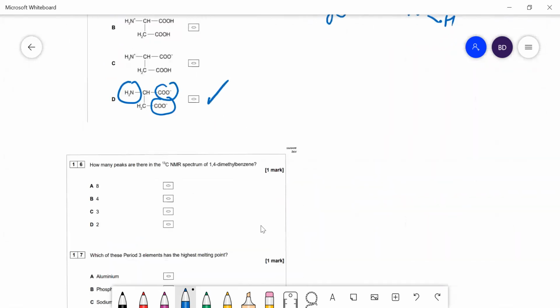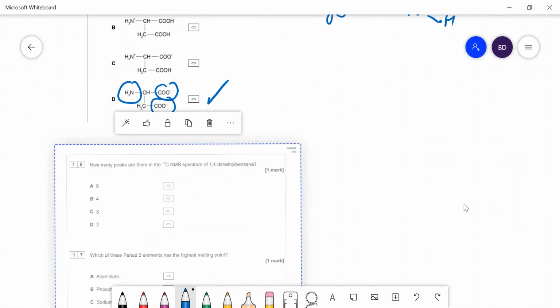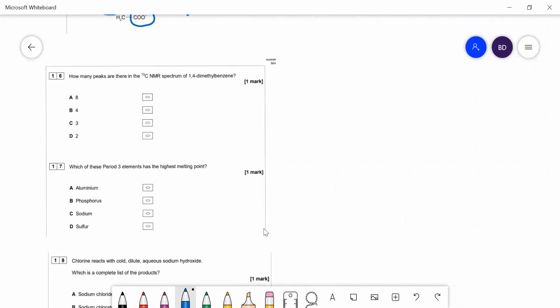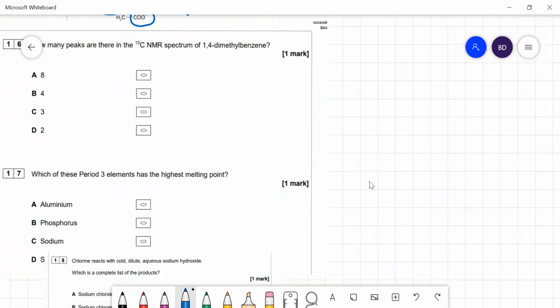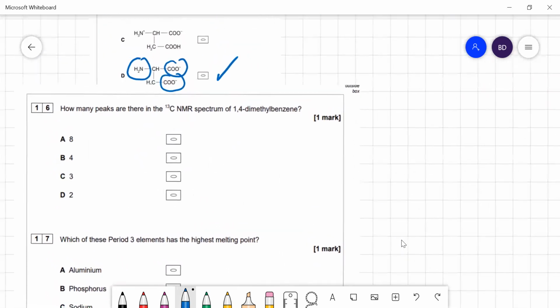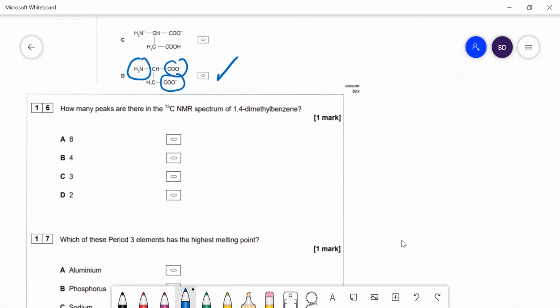How many peaks are there in the 13C spectrum of 1,4-dimethylbenzene? I think I'll make that a bit bigger. Okay, let's draw it out. 1,4-dimethyl, so there's a methyl on number 1, 2, 3, 4, methyl there.